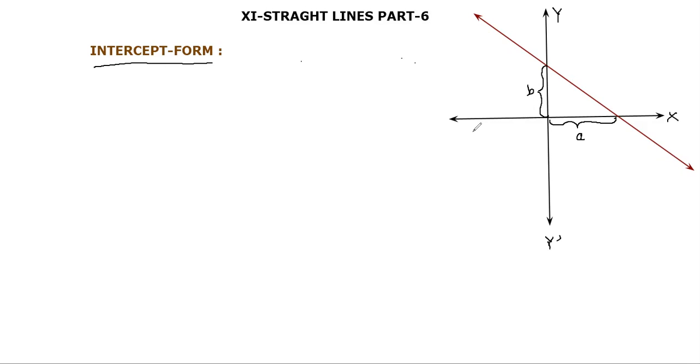If a line is making x intercept a and y intercept b, so we can say these are the 2 points A, B on x and y axis. And if you want to write the coordinates of A and B, because this is an x-axis, this coordinate will be A, 0 and coordinates of B will be 0, B. So nothing to do with that.